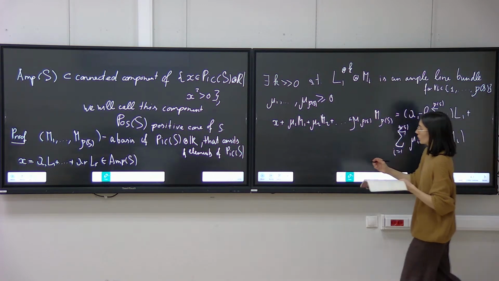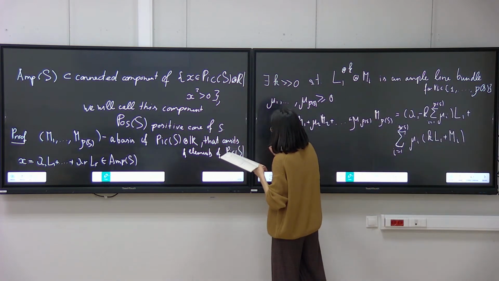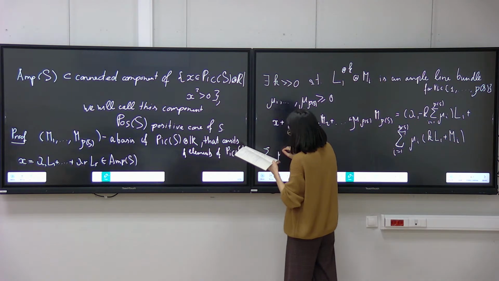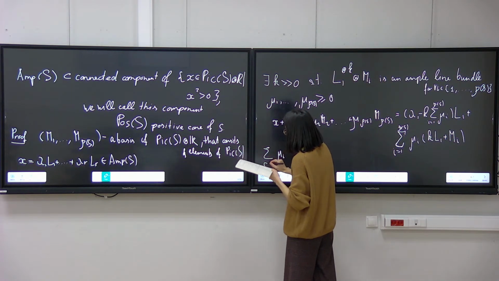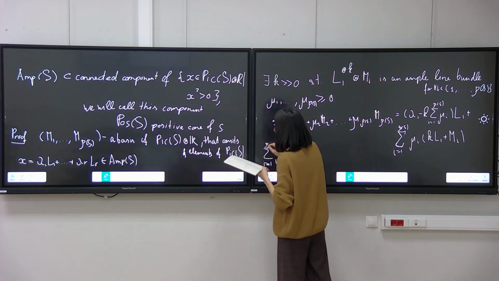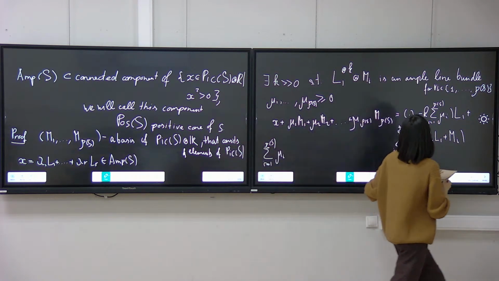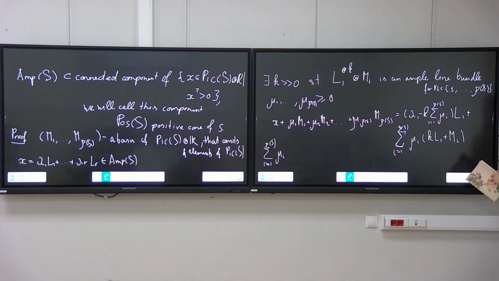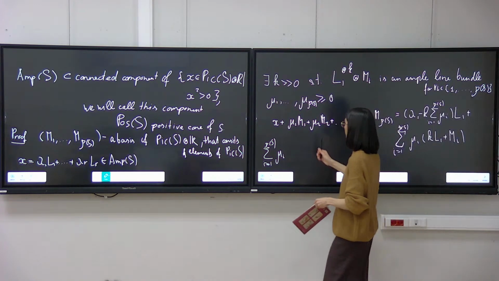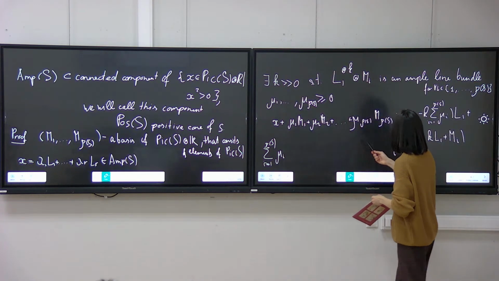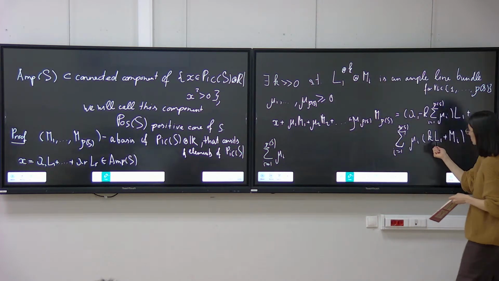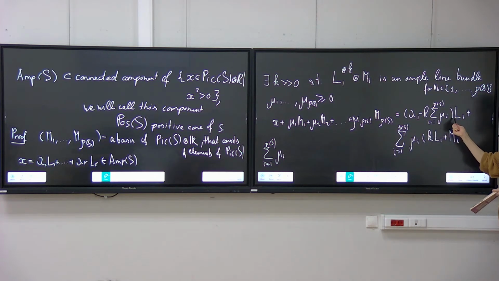Okay, so note that if sum of mu I. Wait, why is there only L1? Because X is a linear. No. Here we still should have just L1. We add it here and consider it minus.